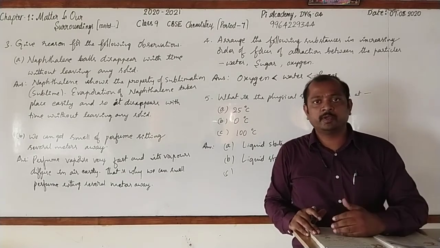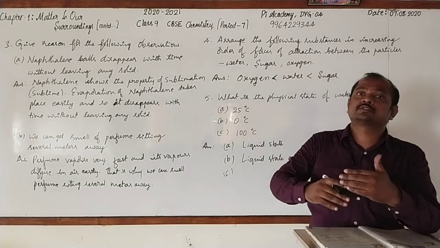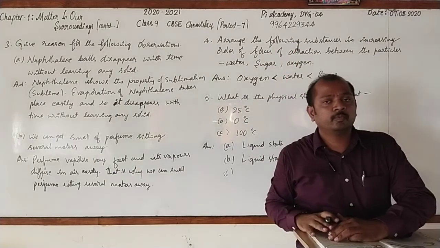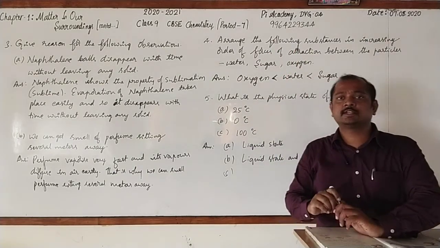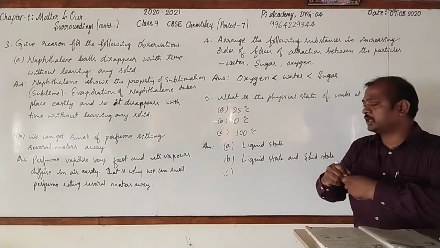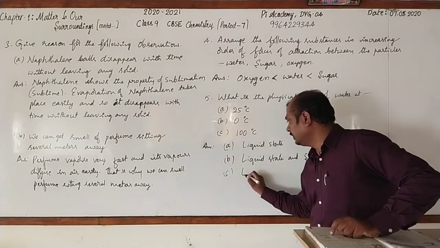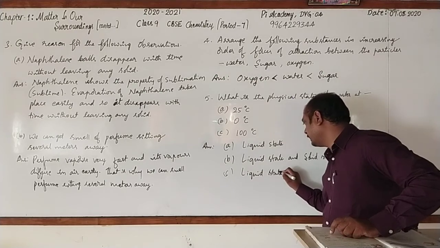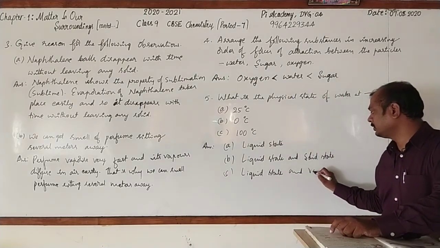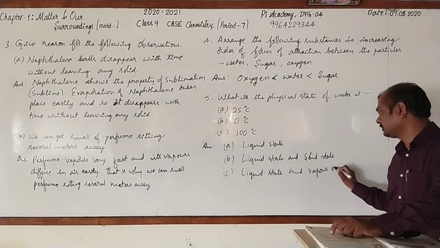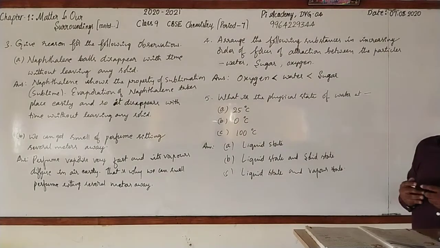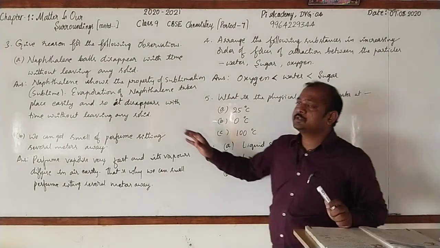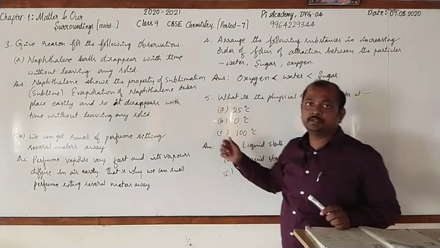It is liquid, and at the same time it is also getting converted into vapors, that is in gaseous state. So hence we can write liquid as well as vapor state. Clear? Please go for copying from there to here.